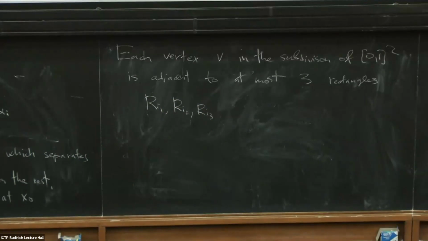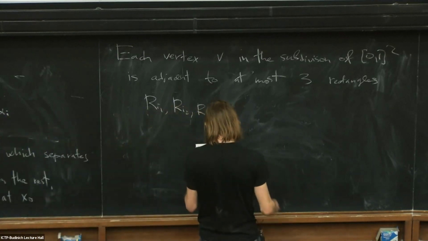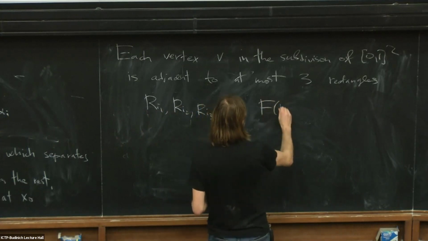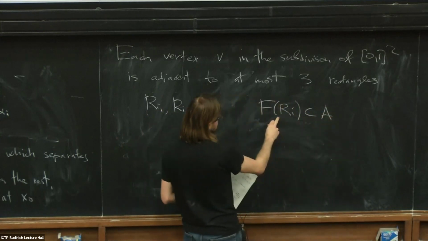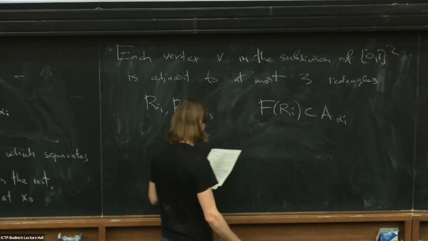The boundary vertices can be adjacent to just two. And for each of these R_i, by construction, its image under capital F belongs to some particular A alpha.